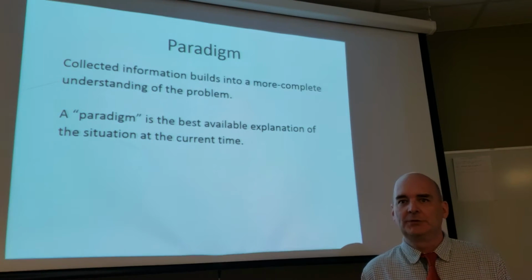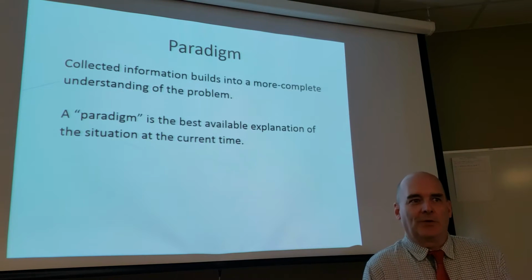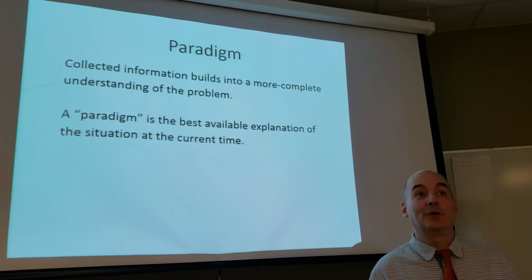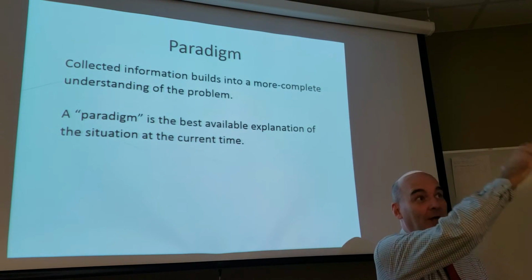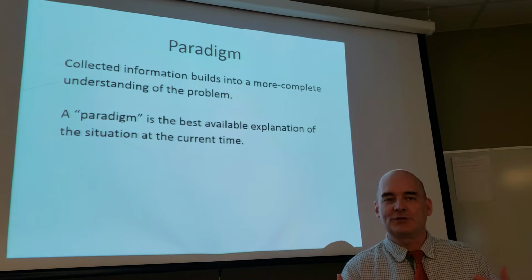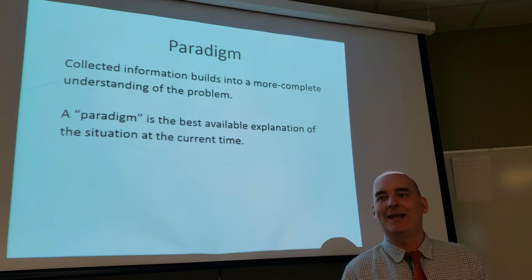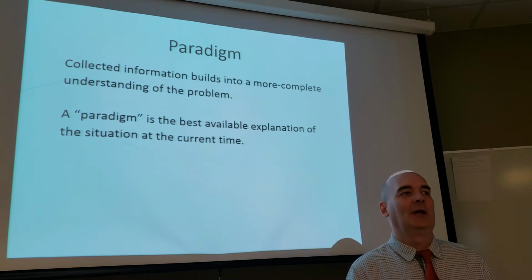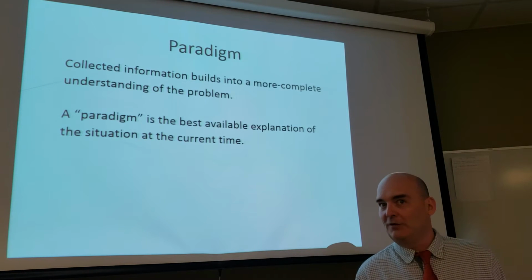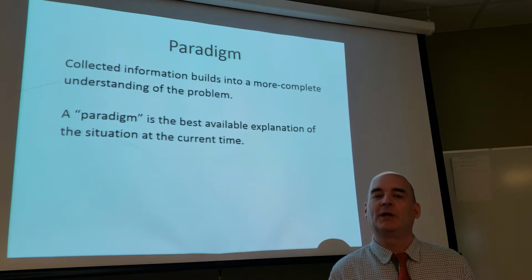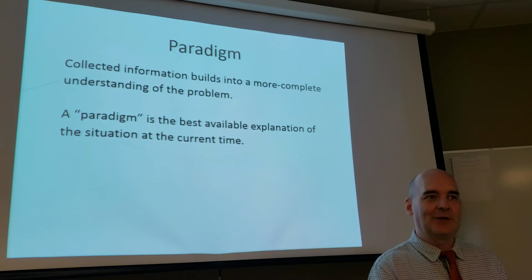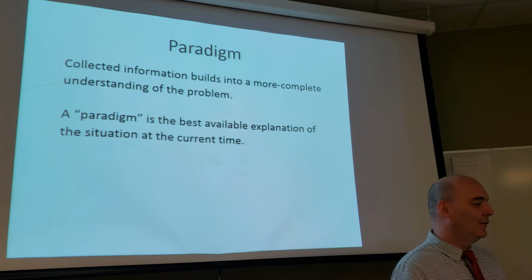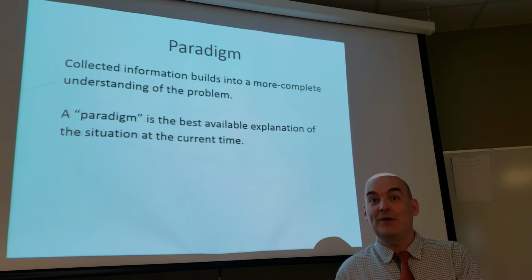And paradigms change. It used to be thought that the Earth was the center of the universe, and you go out and you do the observations, you clearly see the sun come overhead and go down at nighttime. And you can do those observations over and over again, and it's clear from your observation that the sun is going around the Earth, and it isn't until you do another kind of observation from a different vantage point that you realize, no, the Earth actually goes around the sun, and in fact, not even in a circular orbit, in an elliptical orbit, and we shift the paradigm.